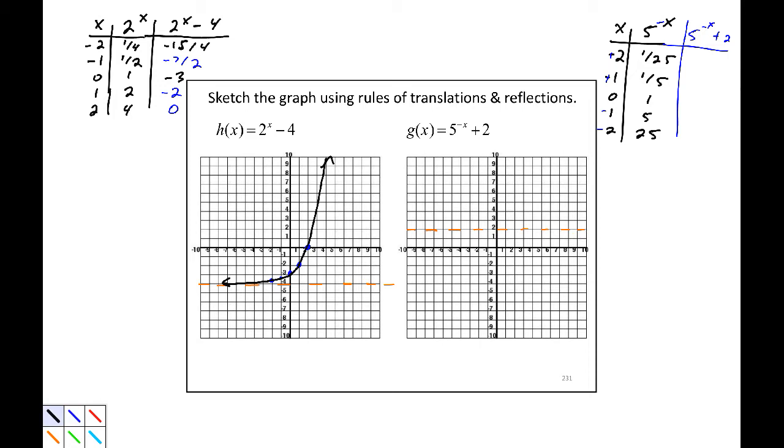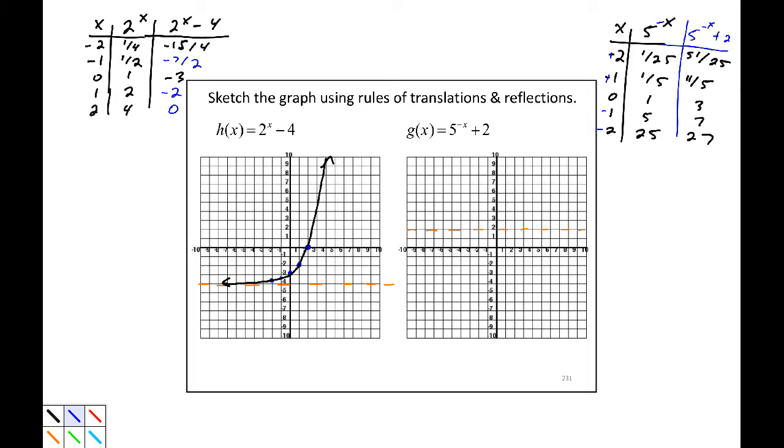Starting at the bottom, 25 becomes 27. The y value of 5 would become 7. The y value of 1 would become 3. 1/5 would be 2.2, or 11/5. And 1/25 plus 2 is 2.04, or exactly 51/25.